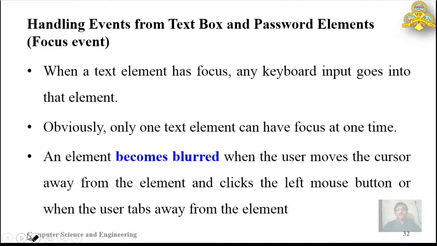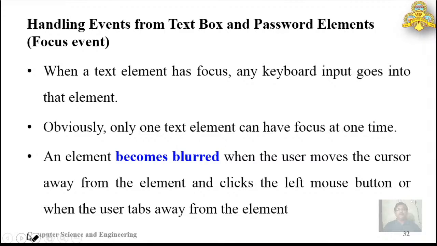Blur means that the element's focus has been changed, that is, the focus is shifted from one element to another one, or it lost the focus. We can do this by clicking the mouse button on a different element.